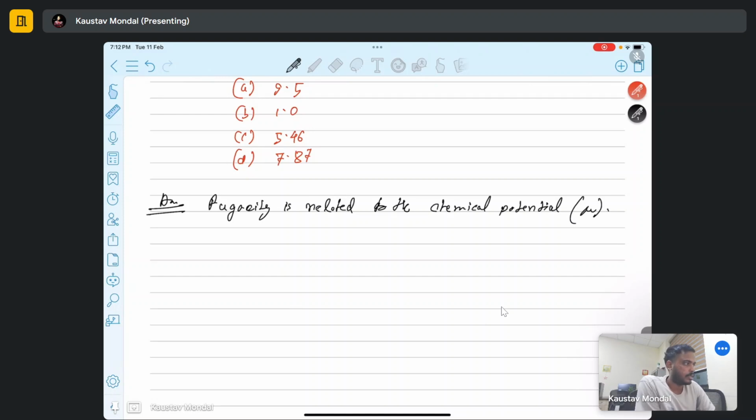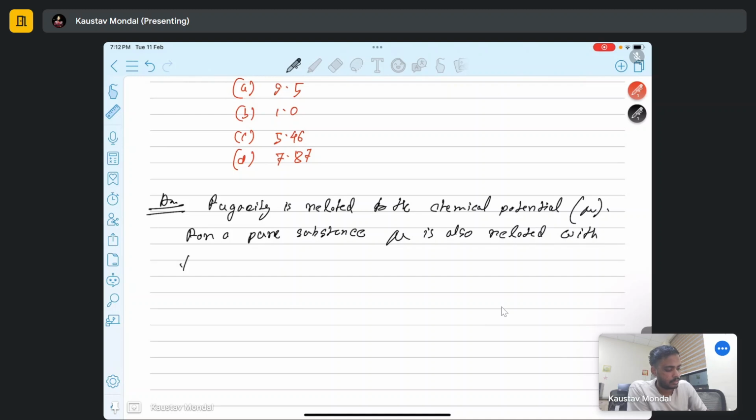Okay, and for a pure substance, this mu is also related with Gibbs free energy. Okay, now how is it related?